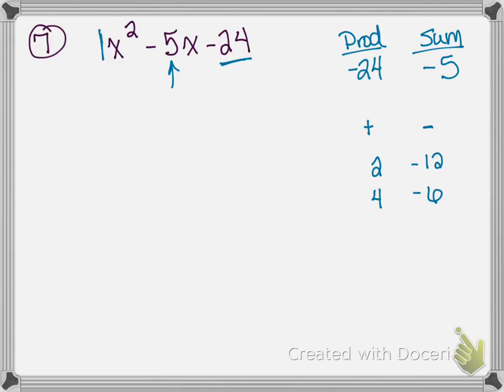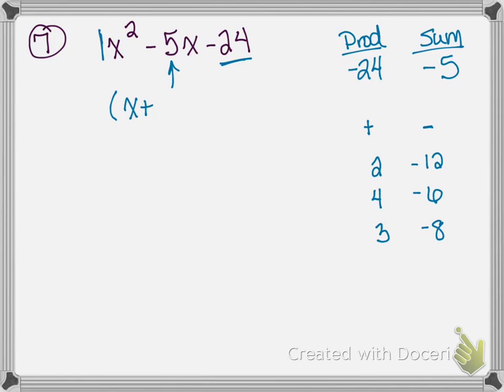4 times negative 6 is negative 24. When I add those together, am I going to get negative 5? Okay. What about 3 and negative 8? 3 times negative 8 is negative 24. When I add them together, do I get negative 5? I do. So that's my answer right there.